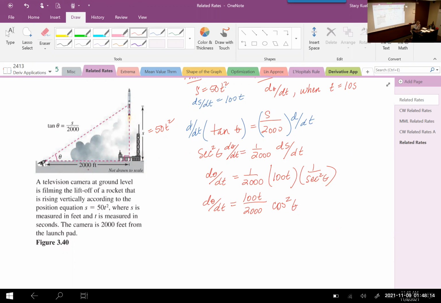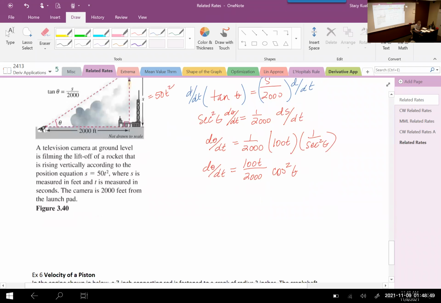What's cosine of theta defined as? Adjacent over hypotenuse? That's right. So what do we think the hypotenuse would be here? No, the hypotenuse is not s over 2000. That's what tangent is.